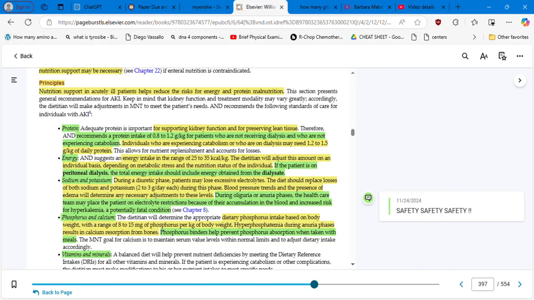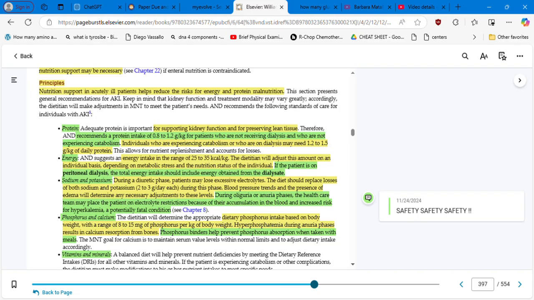Energy: energy intake in the range of 25 to 35 calories per kilogram. The dietitian will adjust this amount on an individual basis depending on metabolic stress and the nutrition status of the individual. If the patient is on peritoneal dialysis, the total energy intake should include energy obtained from the dialysate, which is part of the components when the patient is receiving dialysis, right?